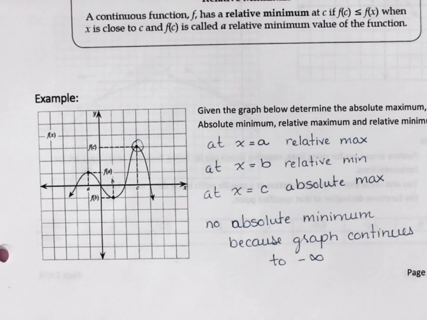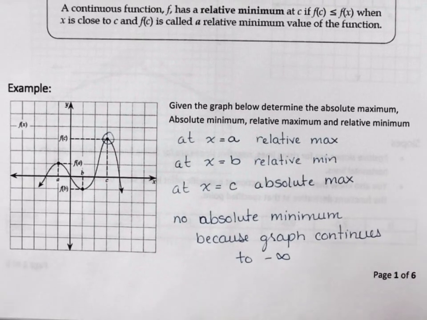So we say there is no absolute minimum, because I can't pinpoint the point of minimum. So we just say that there's none. Okay, so that's that. Easy peasy.